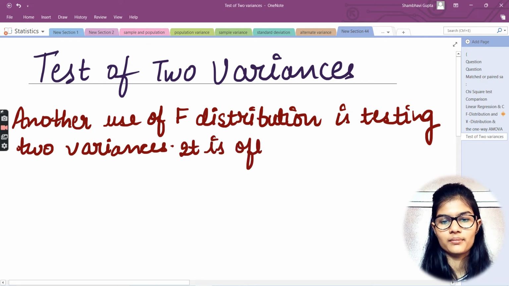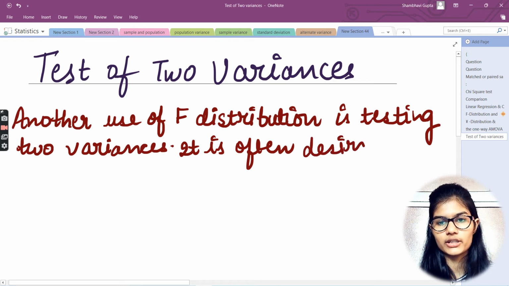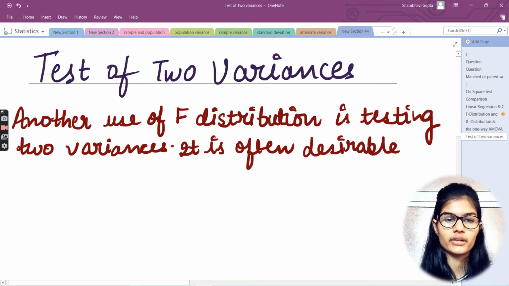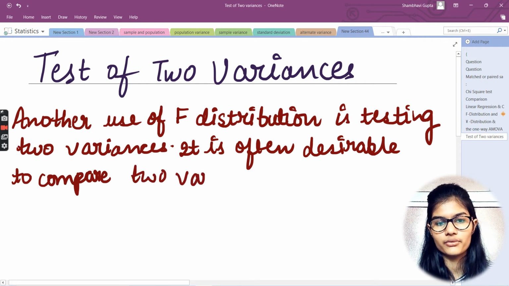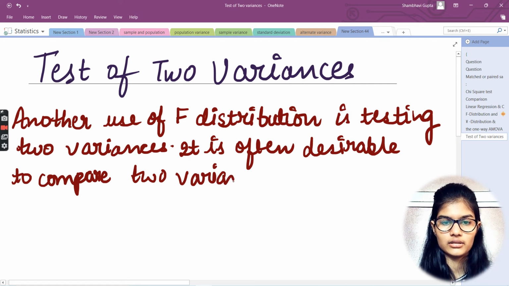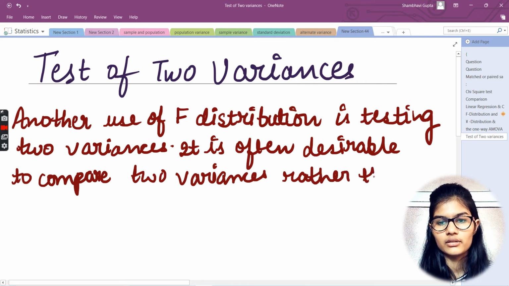Next, it is often desirable to compare two variances rather than two averages.